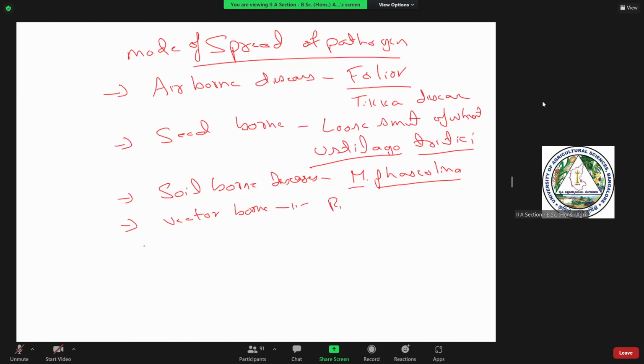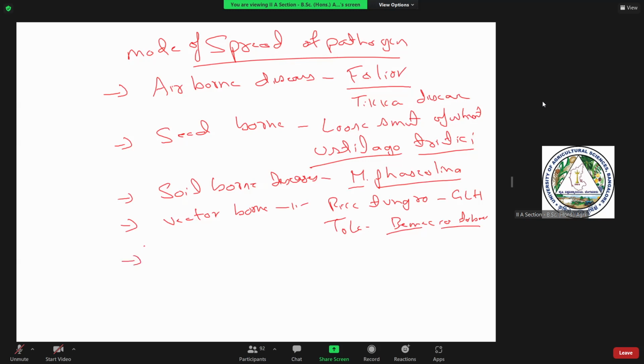For example, rice tungro, which is transmitted by green leafhoppers, and also the tomato leaf curl virus, which is transmitted by Bemisia tabaci, a whitefly, which often transmits the tomato leaf curl virus.